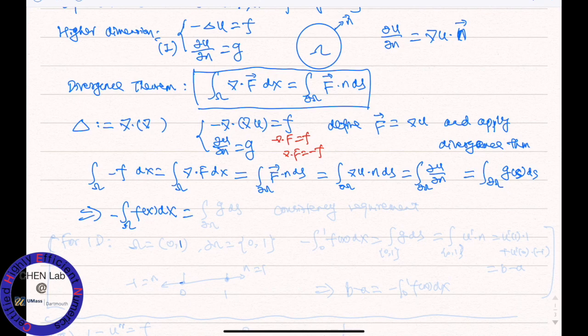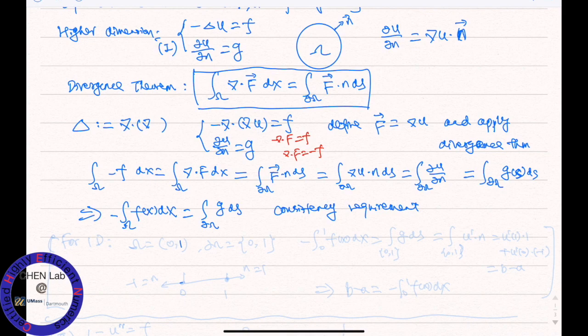This must be equal to the integral on the boundary of the boundary condition g ds. So that would be the consistency requirement, or compatibility condition.